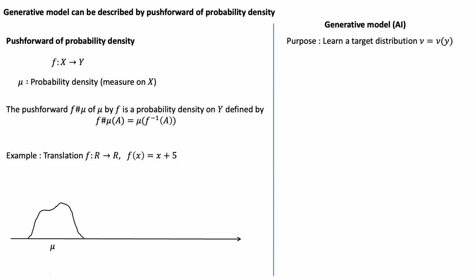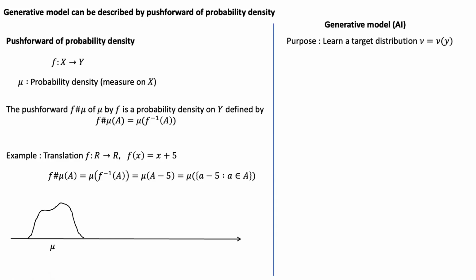So let's give an example. If you have a map from R to R, which is the translation x plus 5, and you want to push a probability density from the domain to the range, it can be computed like this.